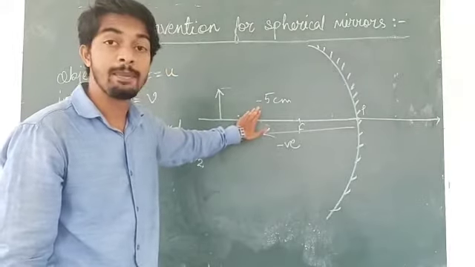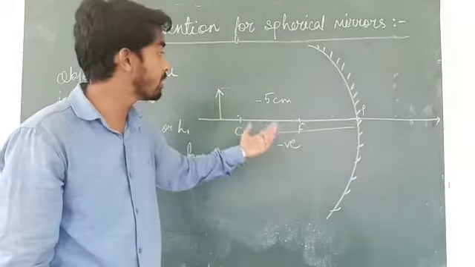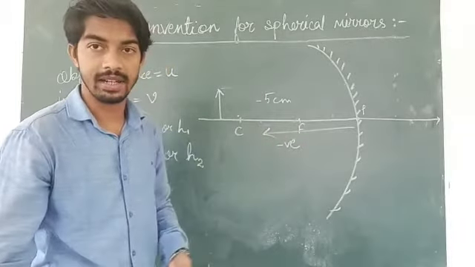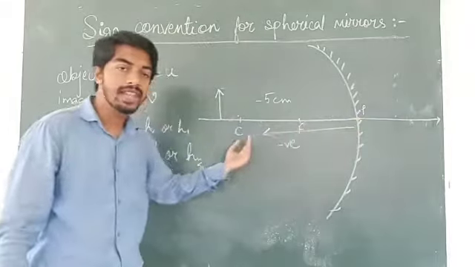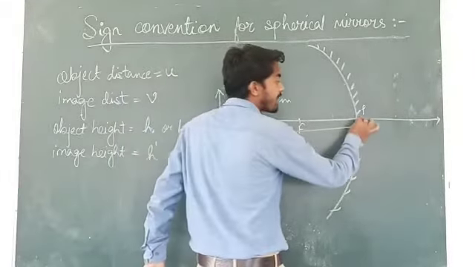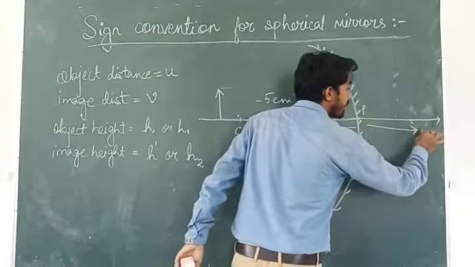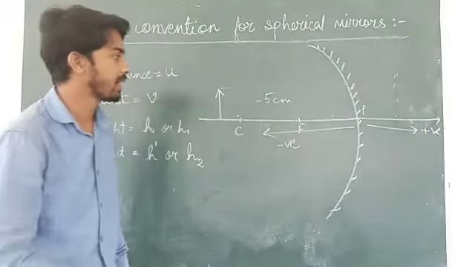It just represents the direction in which the object or the term is present. Any measurement from the center to the left side is termed as negative. Any measurement from the center to the right side is termed as positive.